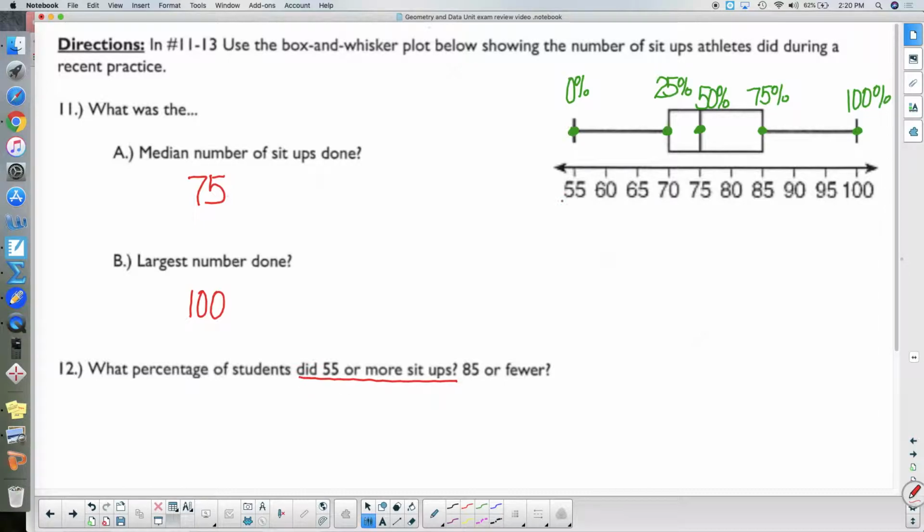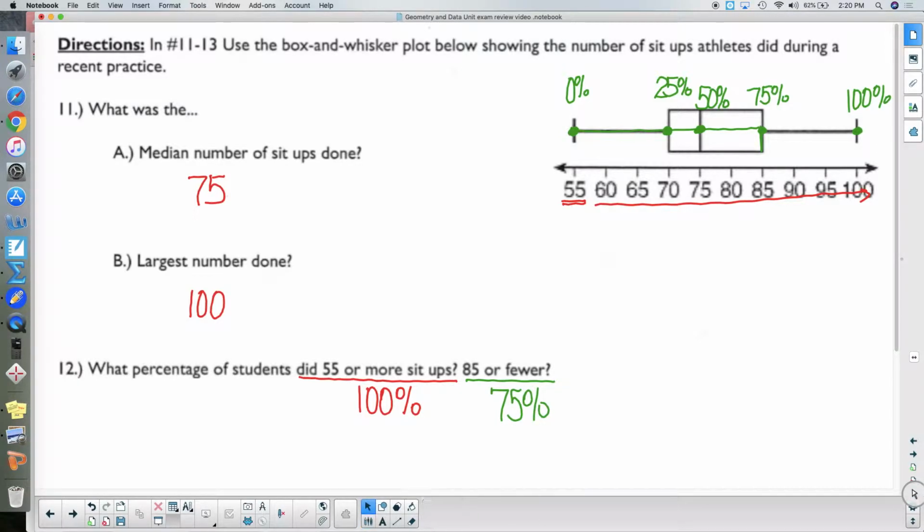So 55 sit-ups or more, well, that's everybody. So 100% of the students did 55 or more. Everybody did that. 85 or fewer, so 85 is here, or fewer, so I've got 75% of students did 85 push-ups or fewer.